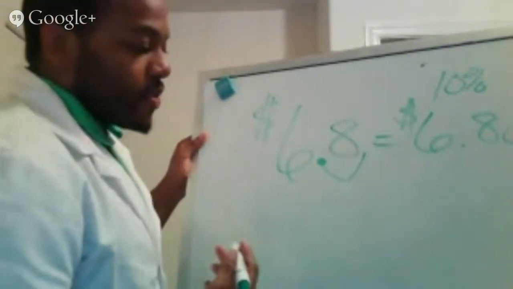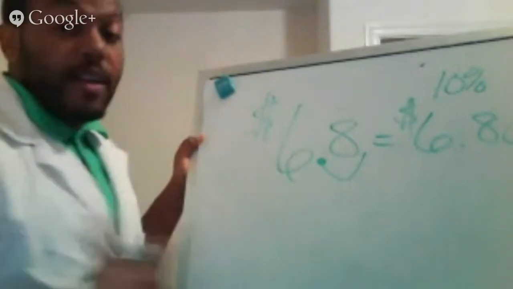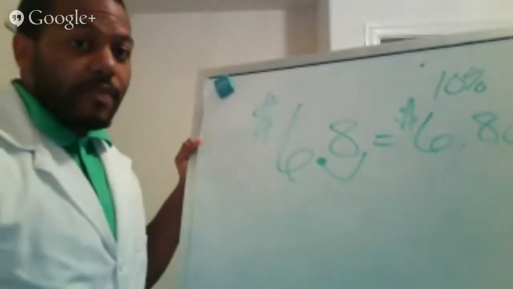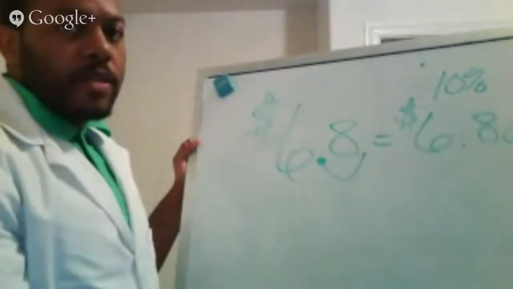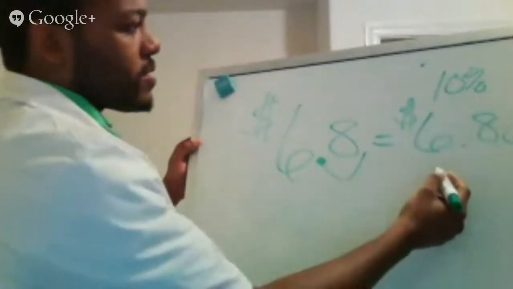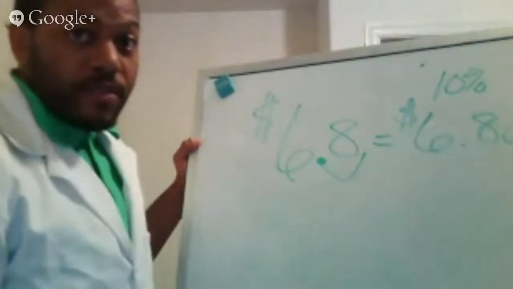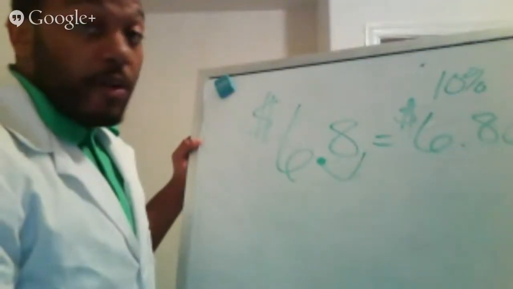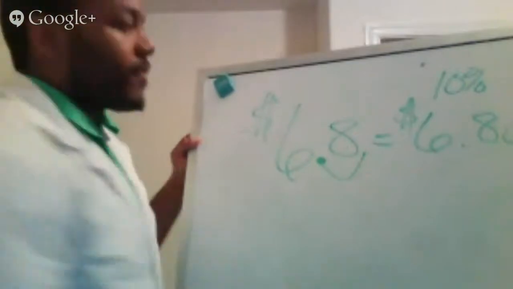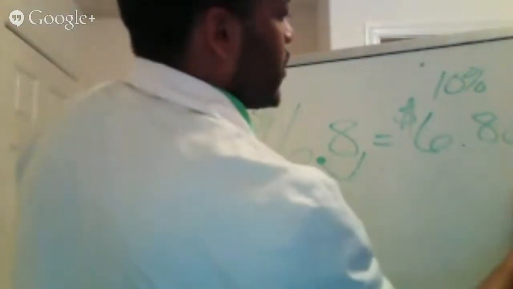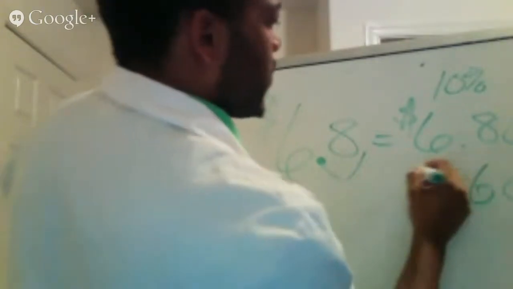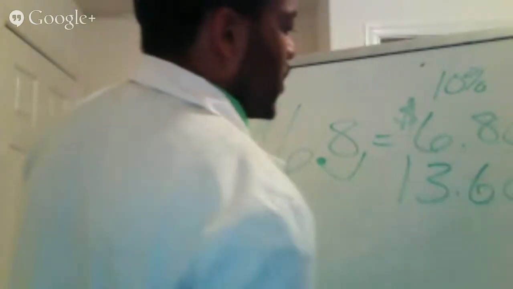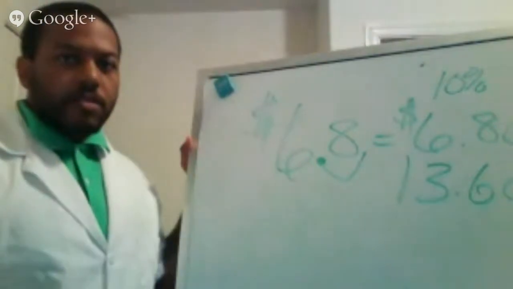And 10% is always easy to work with. So I know that if I'm going to tip 20%, well, if that's 10%, 20 is twice 10, and I know what 10% is. It may take some figuring, but then you figure out, well, what's just twice that 10%? What would that be? $13.60.